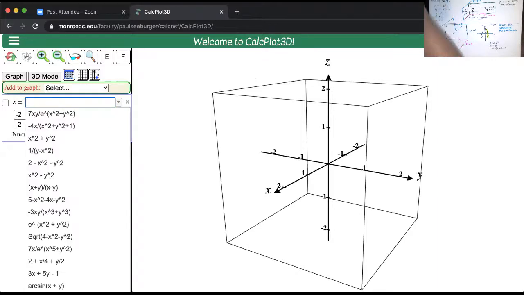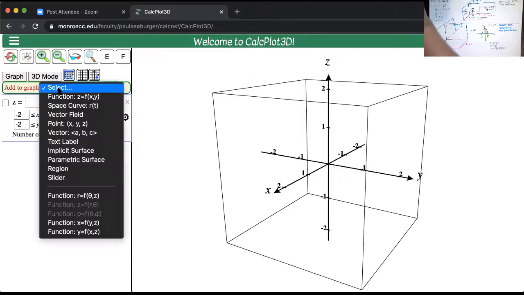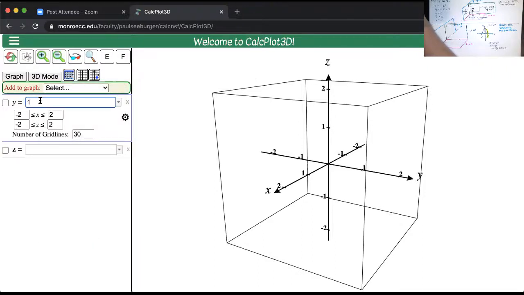It gives you options to graph surfaces in 3D. It says, okay, well, it's having a problem with graphing nothing. But what I'd like to graph is y as a function of x. So I go up here to graph and then select y as a function of x and z. And I want to graph y equals 3 minus x squared. Remember, it's a parabola in the xy plane, and z is free to be anything.